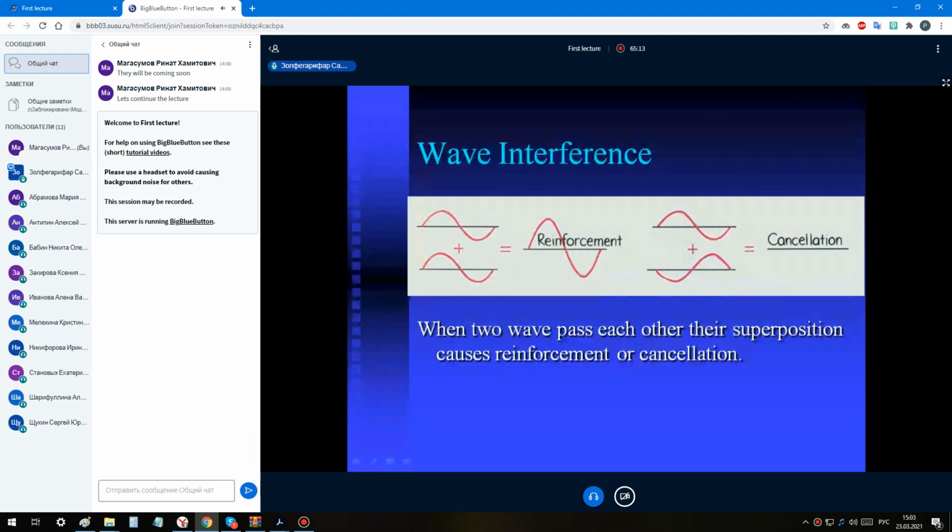As you see in the schematic, in constructive interference, when the crest of one wave overlaps the crest of another, the combination of the two waves gives reinforcement.